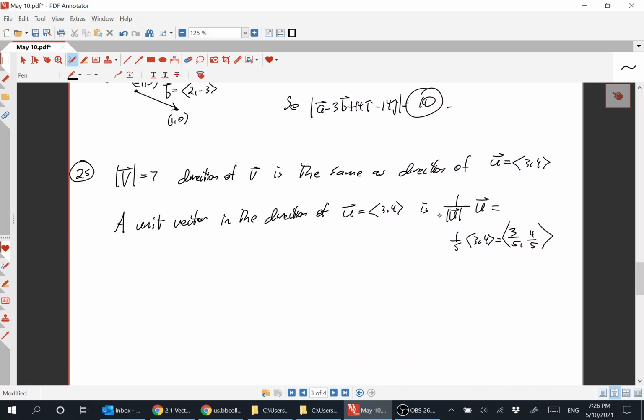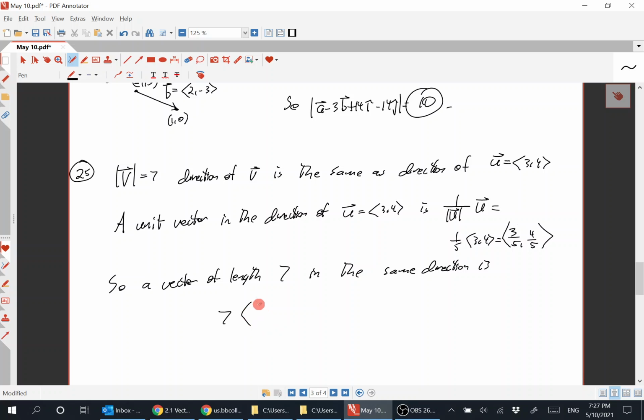So now if you want a vector of length 7 that goes in that direction, you just multiply it by 7. It's 7 times the unit vector for that direction.